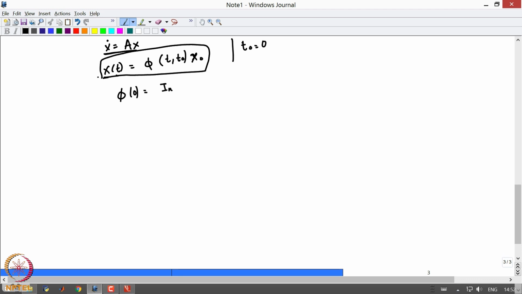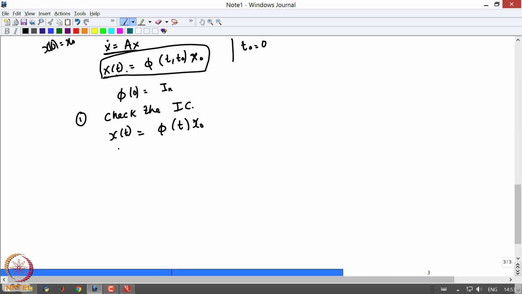So how do I verify this? First, check the initial conditions. What is the initial condition for the original differential equation? That x at 0 was x naught. This is the solution which I propose: x of t is phi of t comma t naught, and I will just omit the t naught being 0, times x of 0.